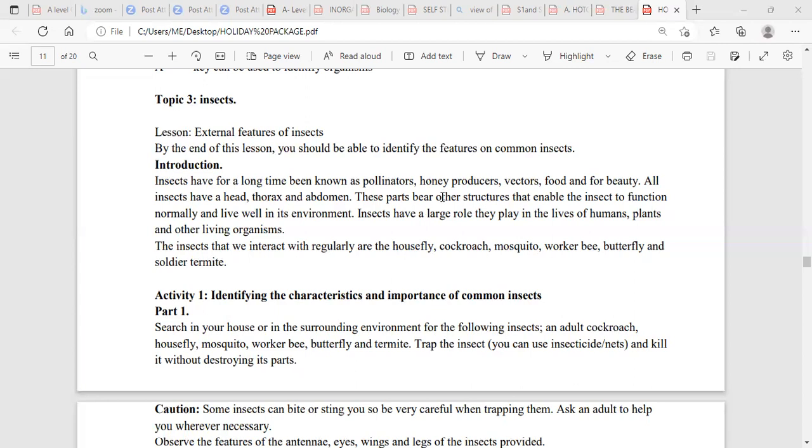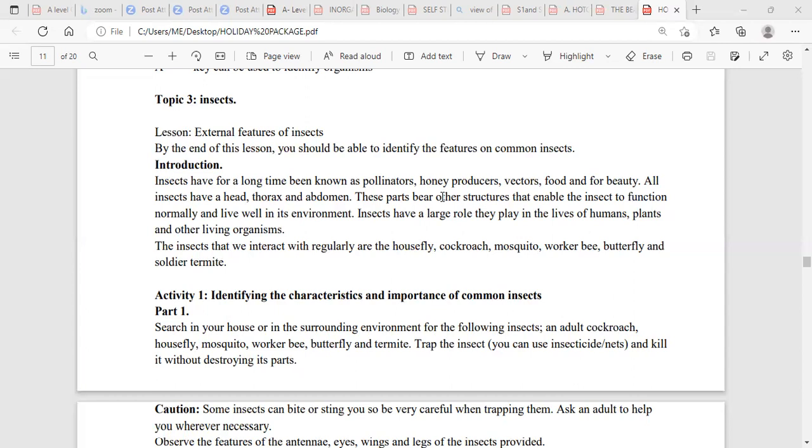We are grouping these arthropods into these several classes on the basis of the number of legs, the presence or absence of antennae, the number of body parts and the types of eyes.